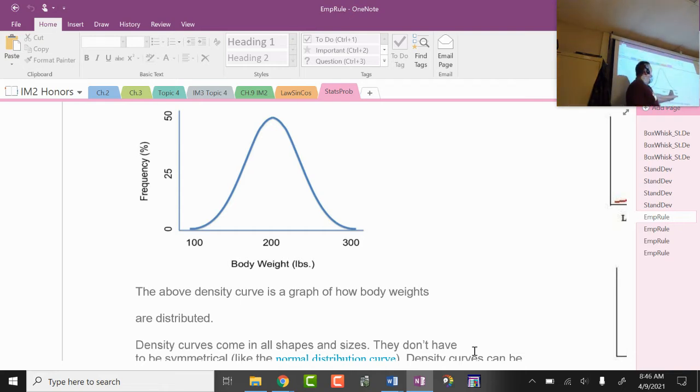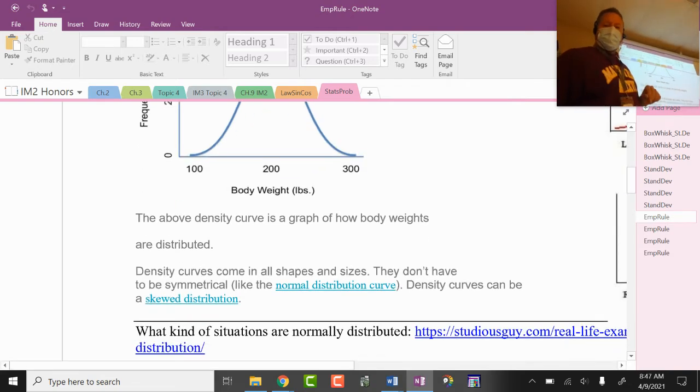So what's the probability if I select a male and they have a weight of 275? Just statistically, that probability would be low because there are not that many people that weigh that. And then going further, 300, and so on and so forth, less likely to occur. So that's what that graph means.